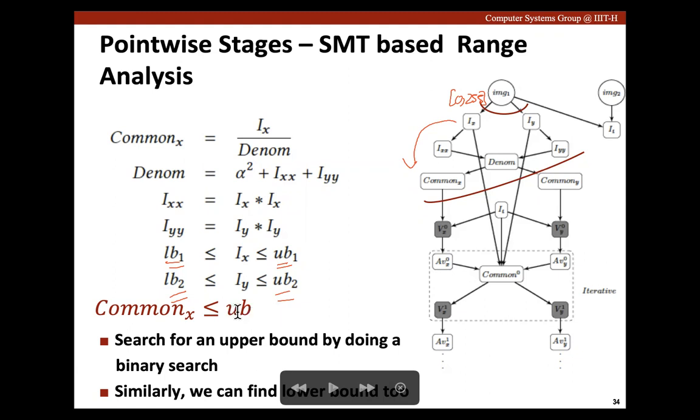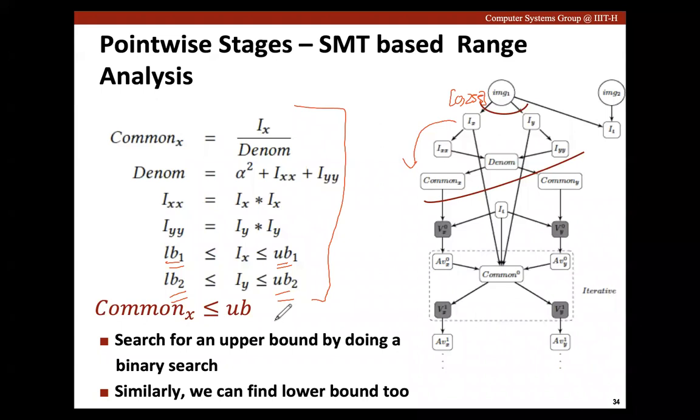The first set of constraints remain the same. And we keep tightening the range of common x, the lower bound and upper bound for common x, repeatedly using a binary search. So we add a bound, add that constraint to the system, and use an SMT solver.